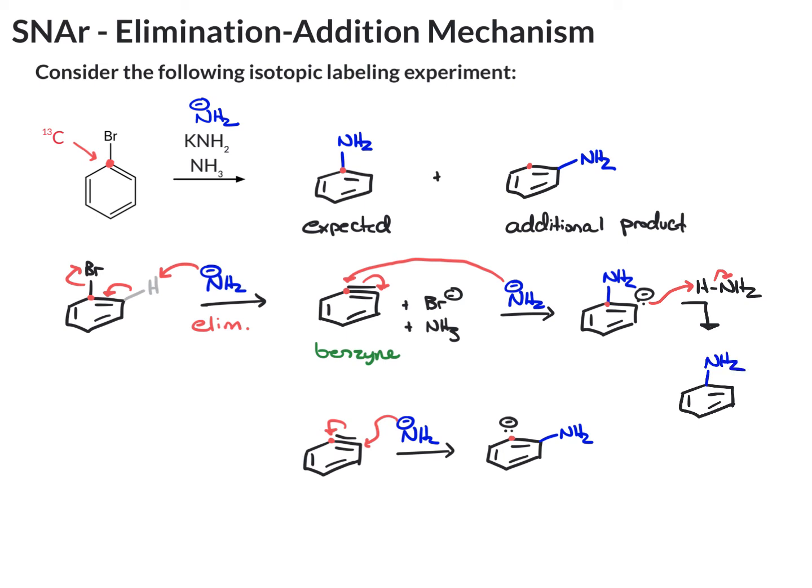This gives us our first product, and then we can do the same thing with our other intermediate. And that gives us our second product.